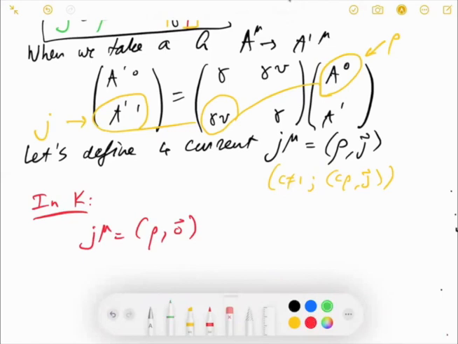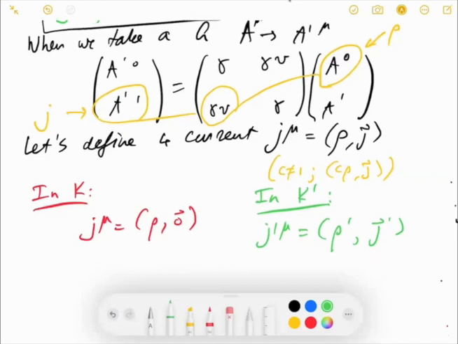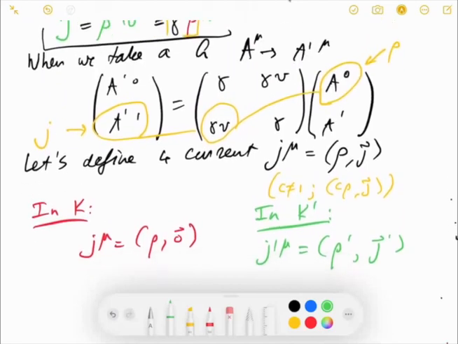And then in K prime, we have J prime mu be rho prime, and then J prime. Okay, so that will work, right?